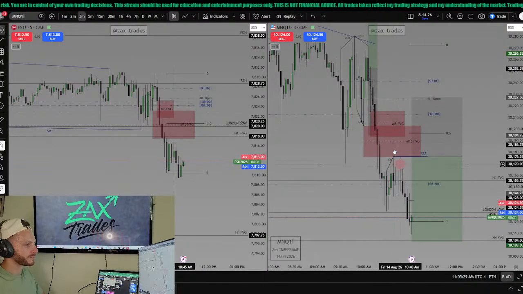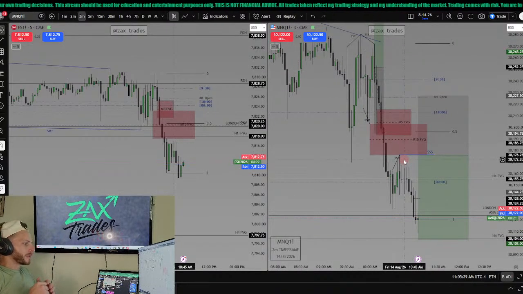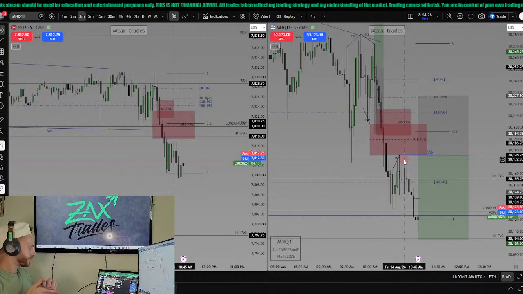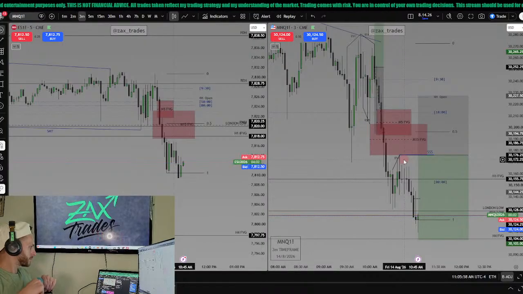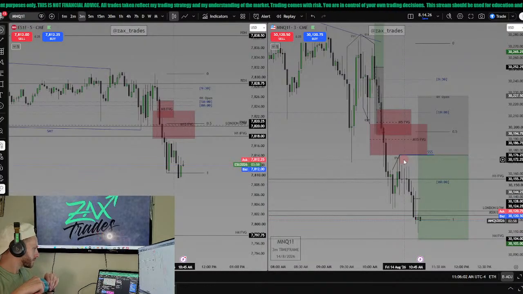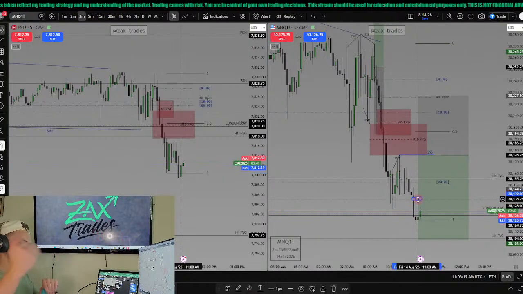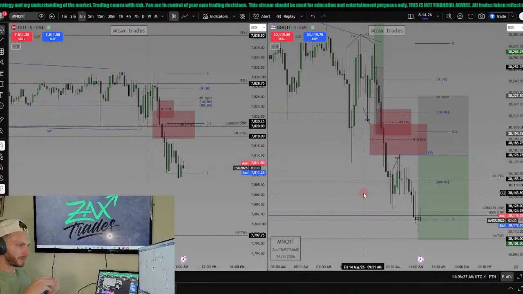Hmm, that's tough. Let's see, 11:05. Give it just a minute here, because sometimes you will see where the market is so beat down to the downside, or it's ran so high to the upside, where it starts to stall and just chop.